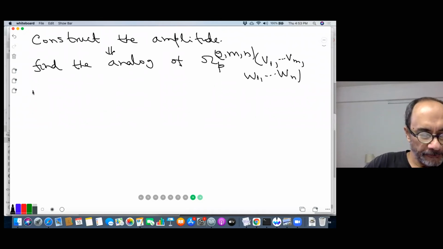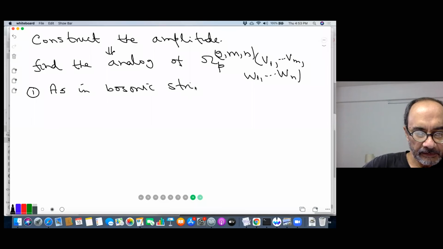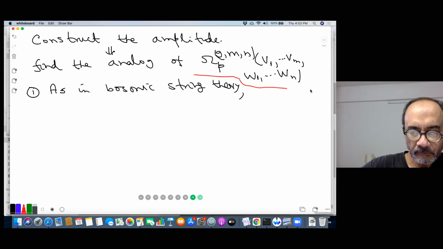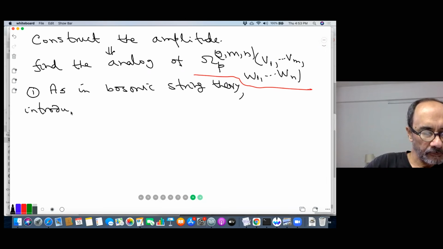So first step, as in bosonic string theory, we introduce m plus n disks d_A with coordinate w_A.